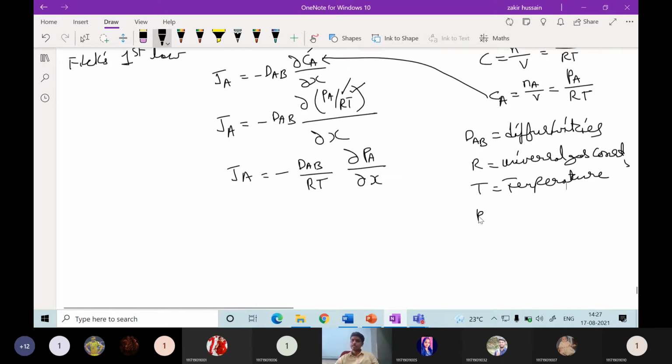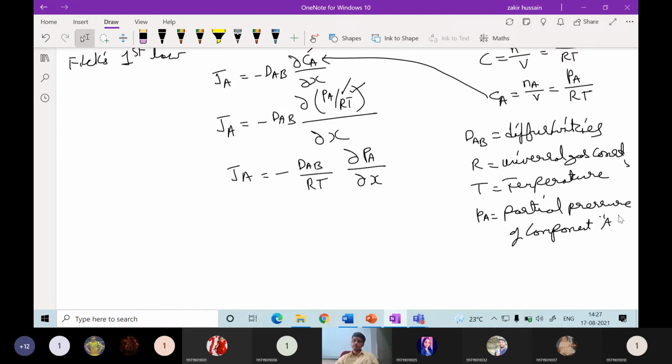Then PA is equal to partial pressure of component A. Then left out is X, the diffusion path or diffusion length, we can say.